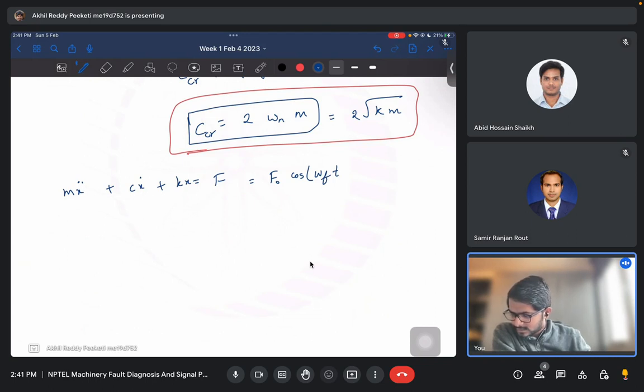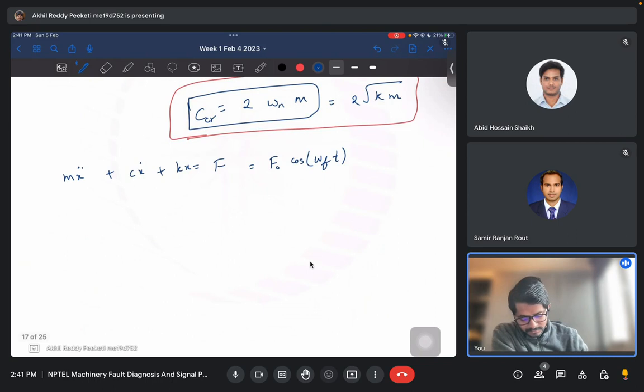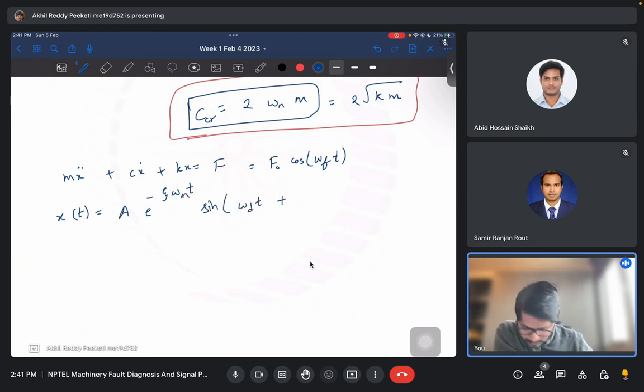Then the general solution would look something like this: a into e power minus zeta omega n t into sine of omega d t plus theta, plus some a naught cos omega f t minus pi.